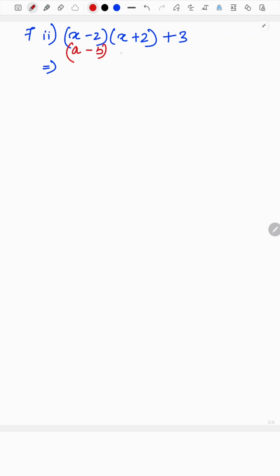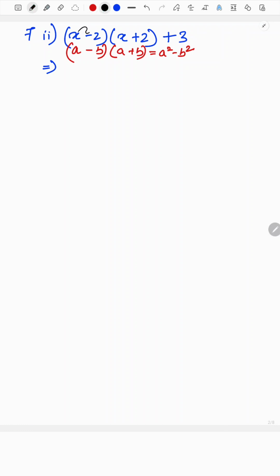Now let's move to the next number, question number 7.2. 7.2, you have (x minus 2) into (x plus 2), then you have plus 3. So let's see what we can do here. If you see the question properly, this question is in the form of a minus b into a plus b, and you know a minus b into a plus b is nothing but a square minus b square.